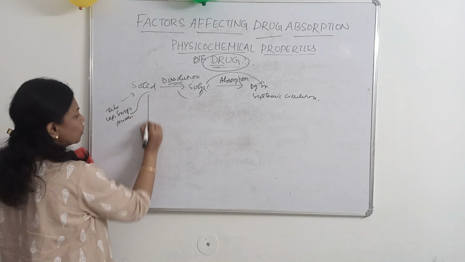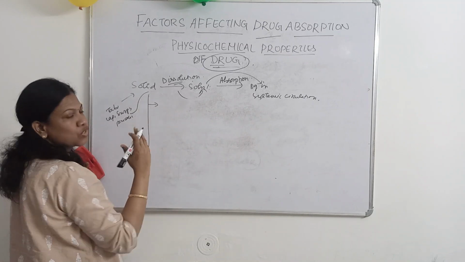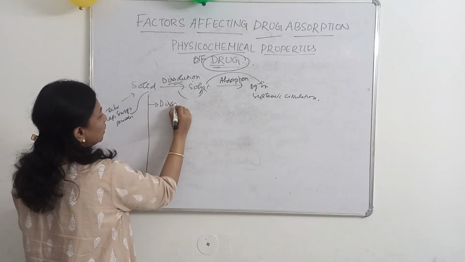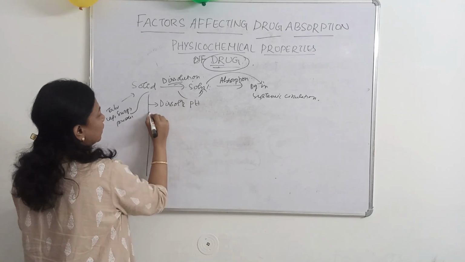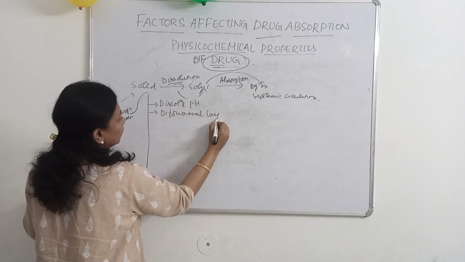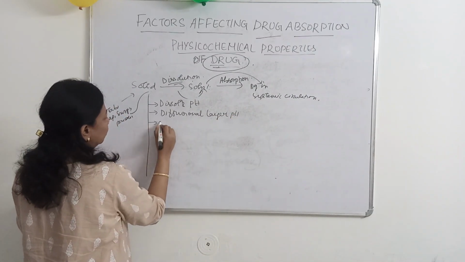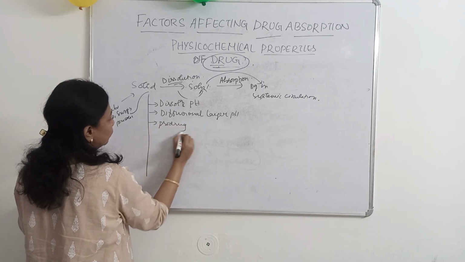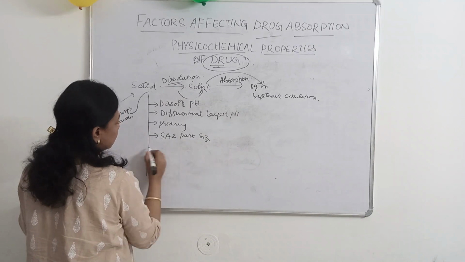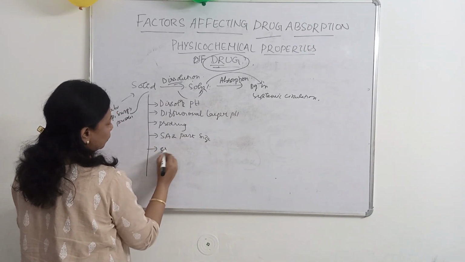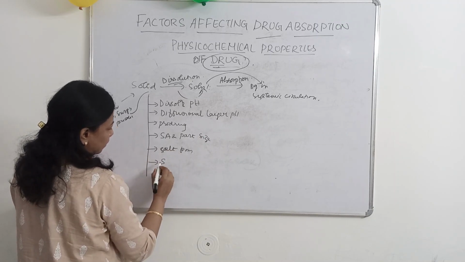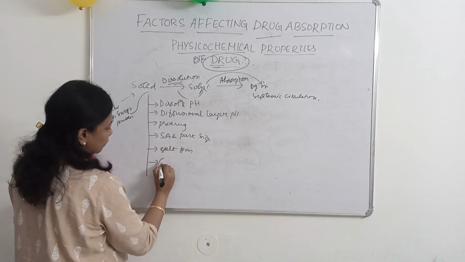So when the drug is in solid state, there are some factors which are going to affect oral drug absorption, like dissolution and pH, then diffusion layer pH, then prodrug, if the drug is given in the form of a prodrug, surface area and particle size, then salt form of the drug, and then crystalline nature of the drug.